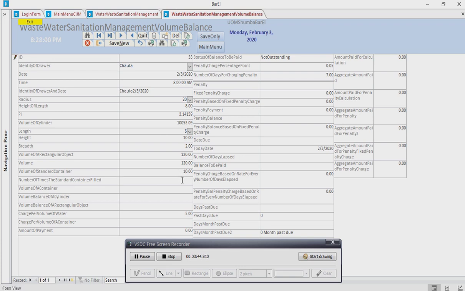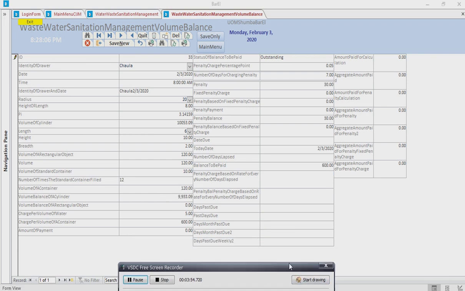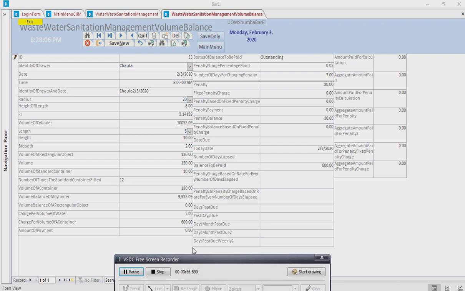Number of the standard volume of the standard container rate system. Number of times standard container filled, 12. That is the volume.